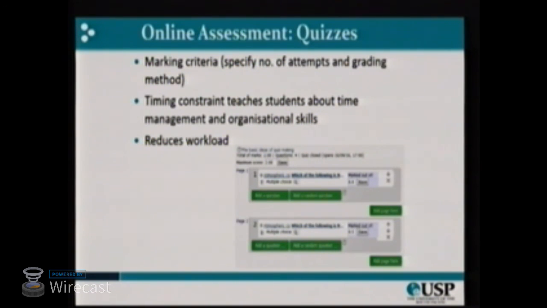So it's not just about the content that they're learning, but about the process of managing their time, and that broader aspect of becoming a good student at the end of their program.